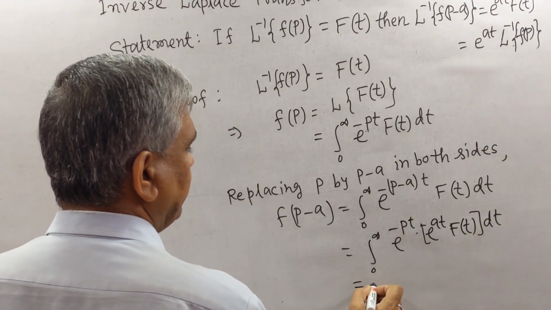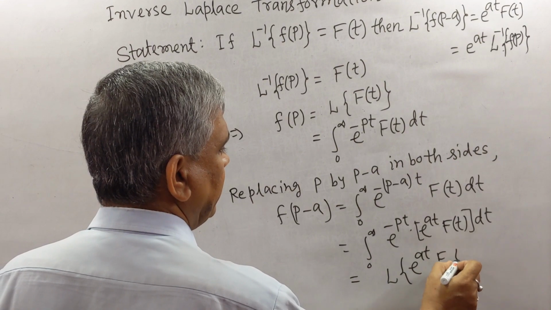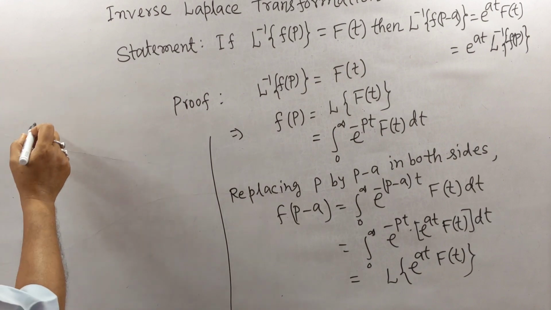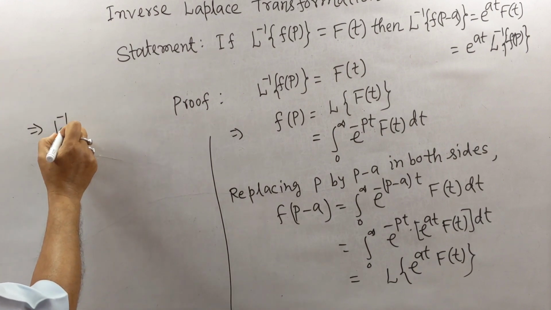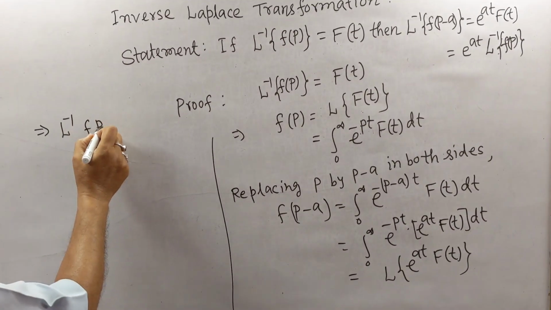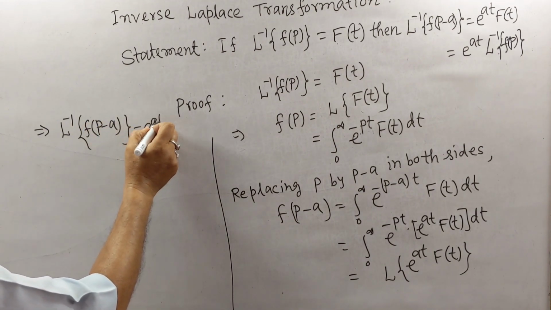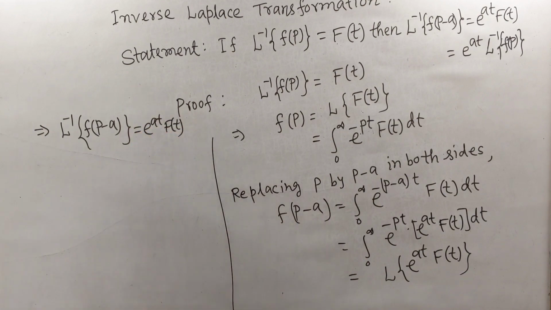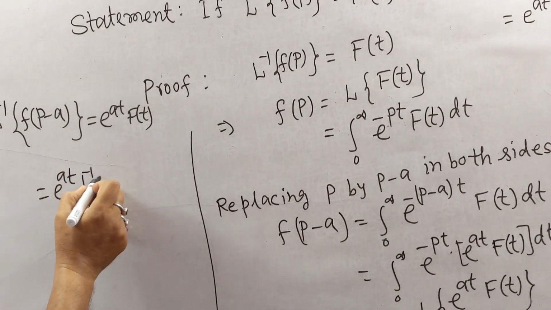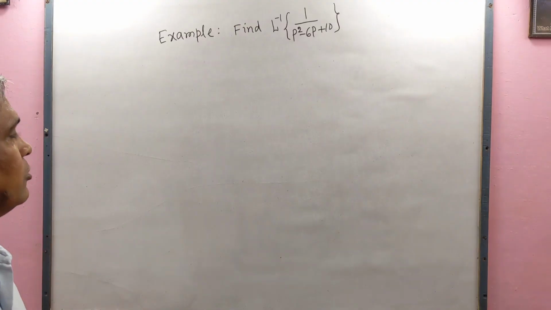This is Laplace transformation of e to the power at f(t), implies that L inverse F(p minus a) equal to e to the power at f(t) equal to e to the power at L inverse F(p). Proved.